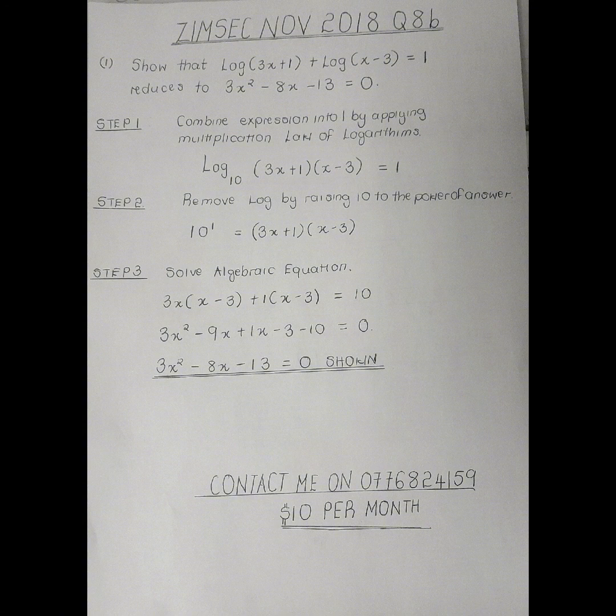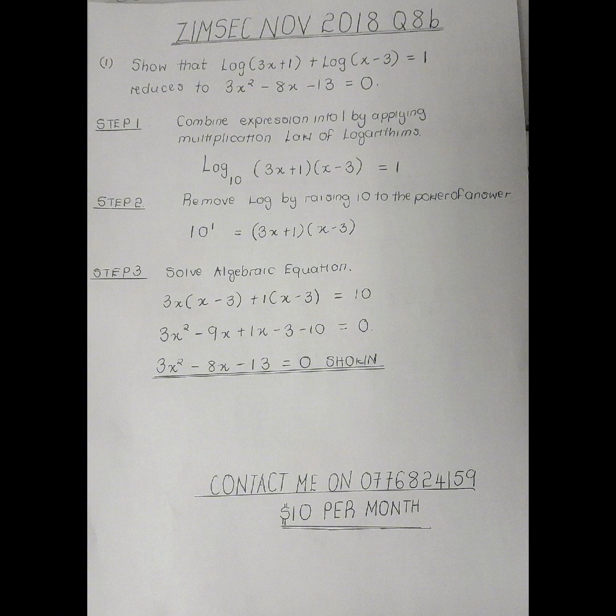So 3x is going to multiply x - 3, and then 1 is going to multiply x - 3. We expand the brackets. We now have 3x² - 9x + 1x - 3. And then we shift 10 to be on the other side, so it is going to be subtracted. And then we simplify.